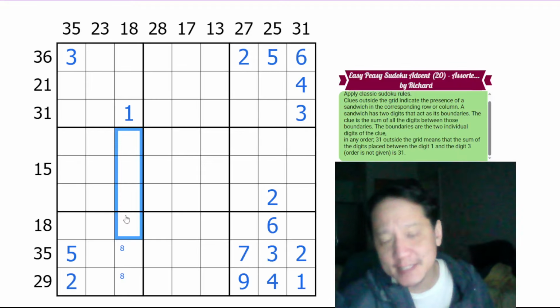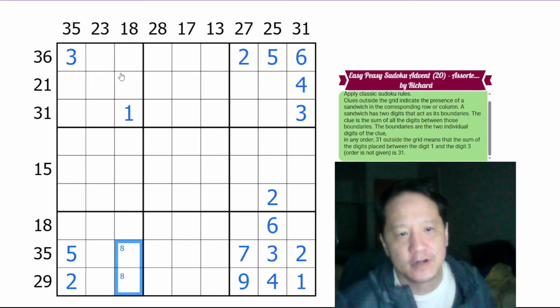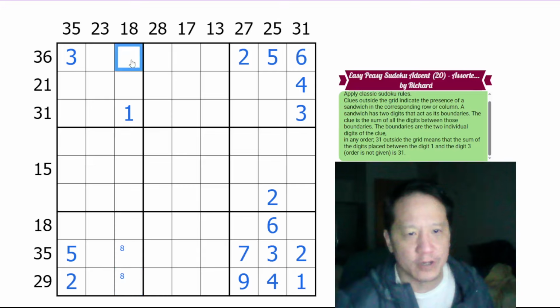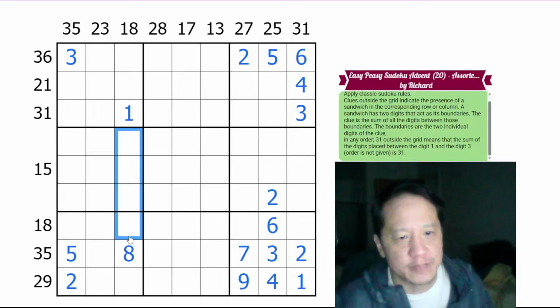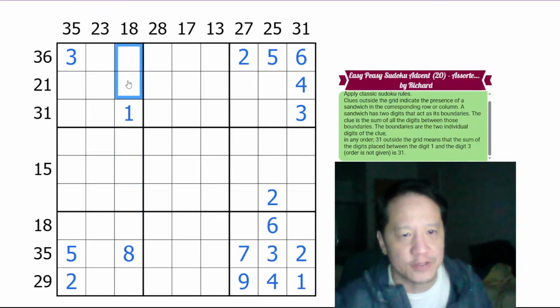So we need 18 outside of these digits here. So if 8 were here, this would be 2 digits which would have to add up to 18, which is not possible. So this can't be 8. This has to be the 8. So we have 4 digits inside between the sandwich, which adds up to 18, and 3 digits outside the sandwich, which adds up to 18.